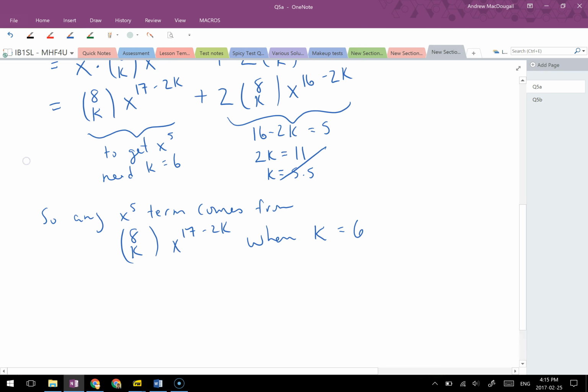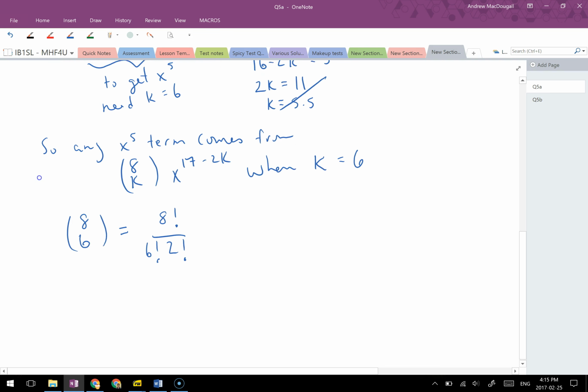So now we plug that in. We get 8 choose 6, and that's it. That will be our x^5 coefficient, which is equal to, let's use our formula, 8 factorial over 6 factorial times 2 factorial.